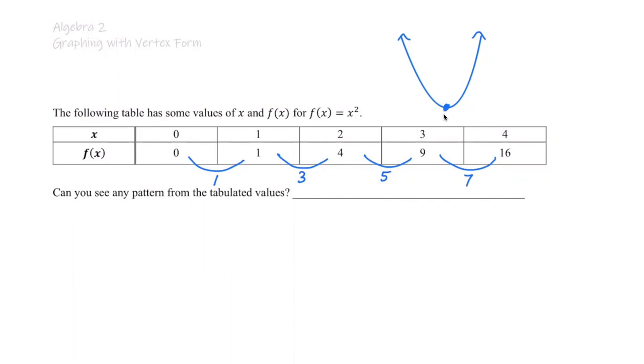That's if we go from the vertex and we go to the right and also to the left, the y values differ by 1, 3, 5, and 7, okay? And this particular pattern is going to be very, very impactful in today's lesson, okay?